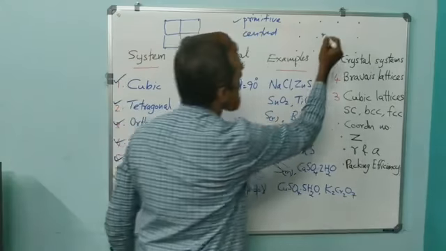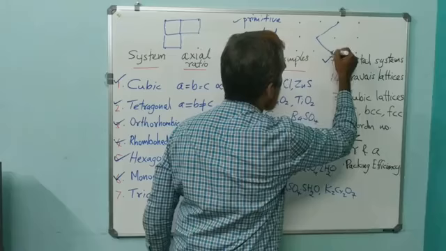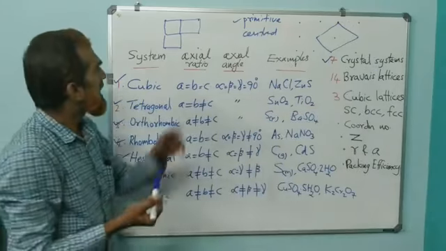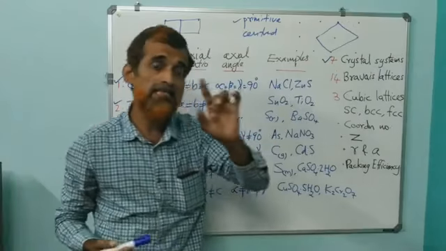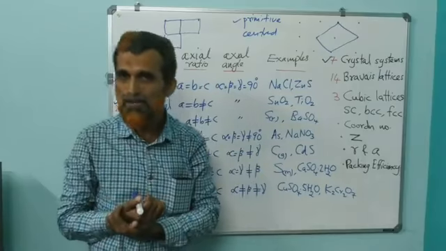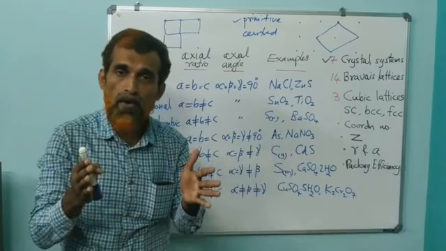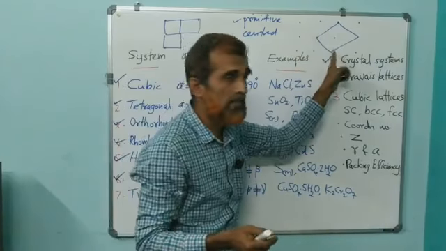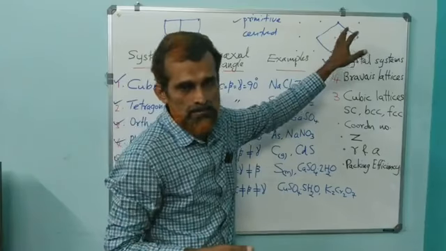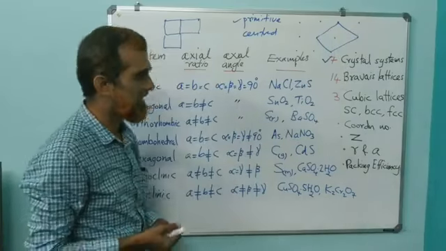Here the square lattice has an additional point inside. This is called a centered lattice. That means there are lattice points in addition to the corners, inside the unit cell.